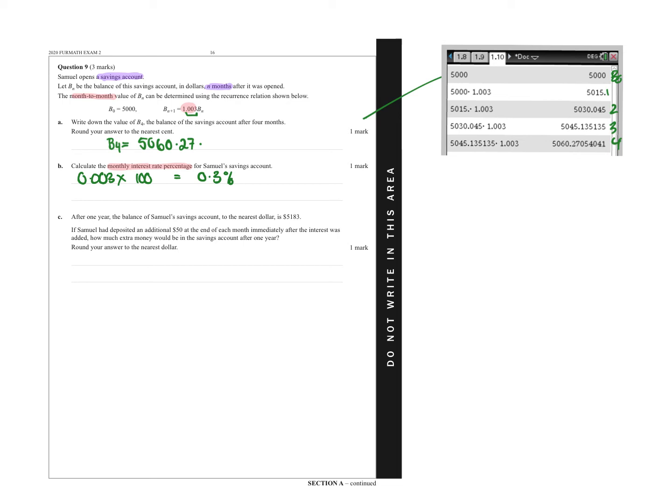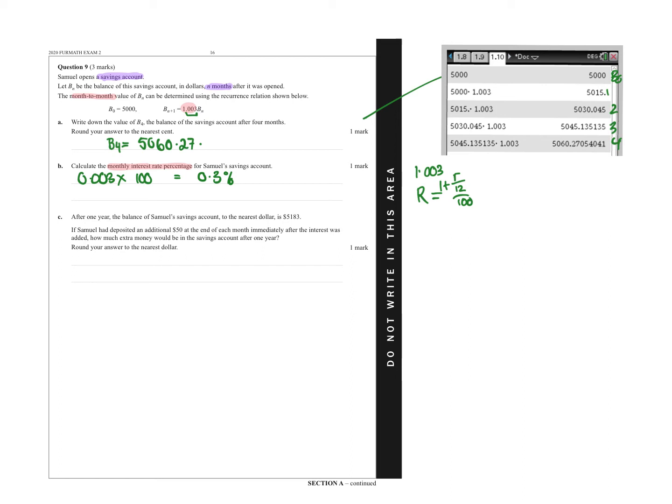You would have found that 1.003 by doing the per annum rate divided by 12 over 100, and it would have been 1 plus that. So they just want the monthly rate, which is already there, so we can do that.